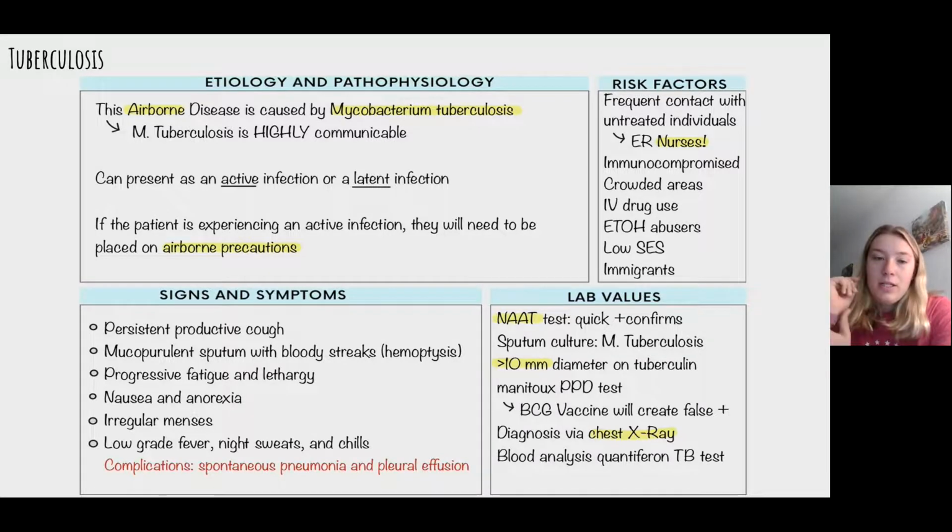So what are we going to do? We're going to want to get a quick test. We're going to get a sputum culture, and then we're going to get a chest X-ray. So I would just review some lab values, what we're going to check, specifically review your PPD test and go over that.